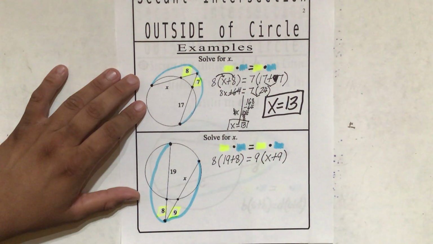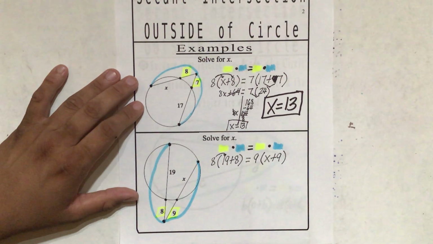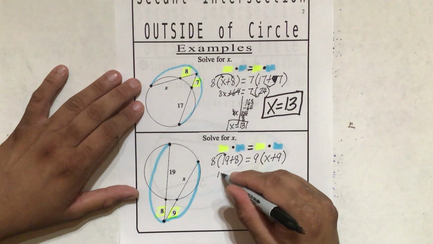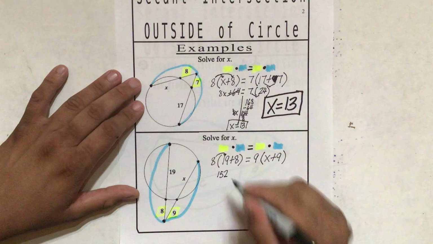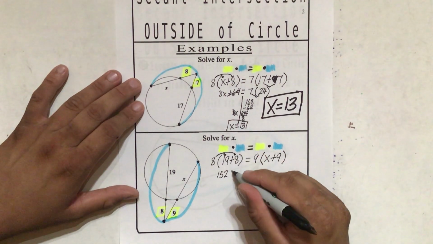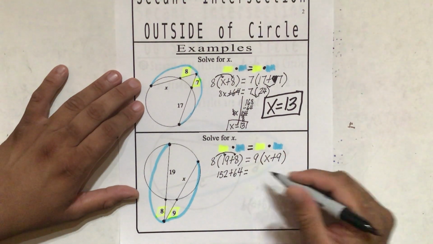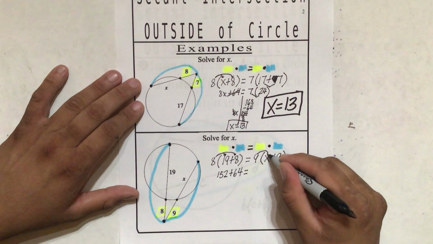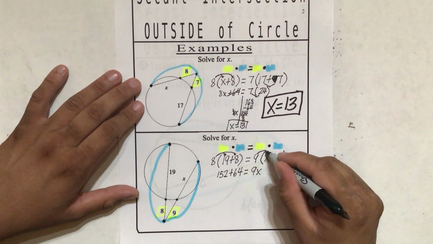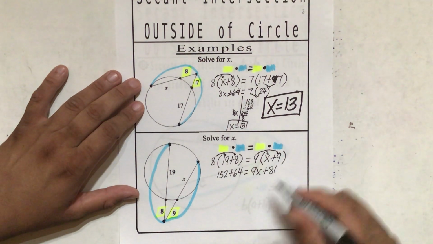Now again here, we're going to do some multiplying. 8 times 19 is 152. Okay, use your calculator if you need to. 8 times 8 is plus 64, is equal to 9 times x is 9x. 9 times 9 is plus 81.